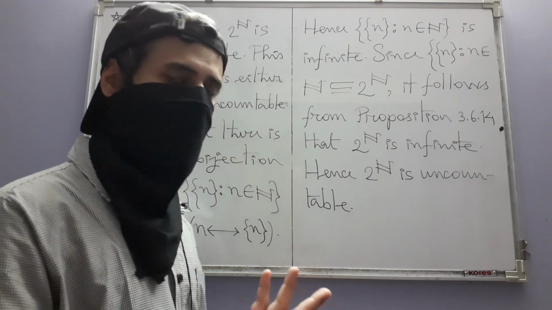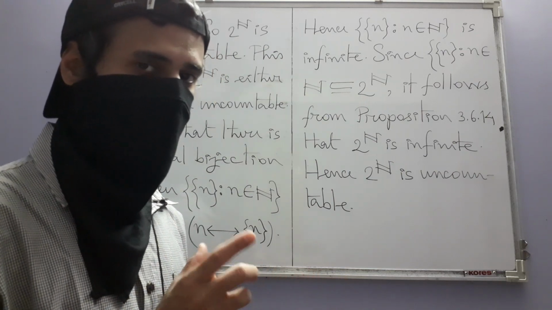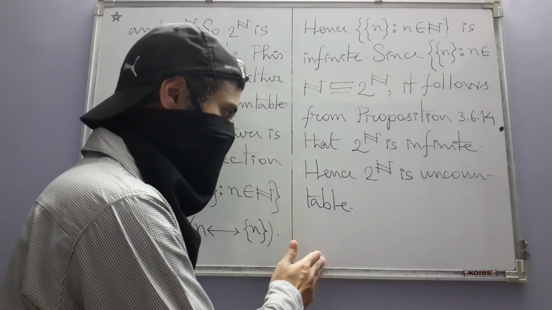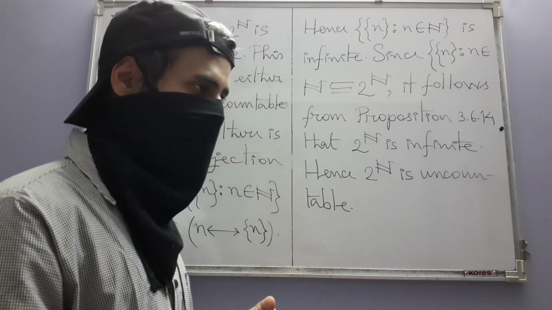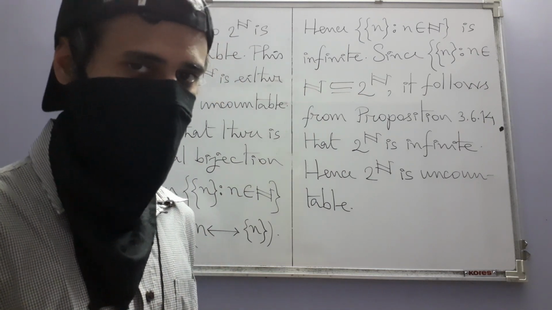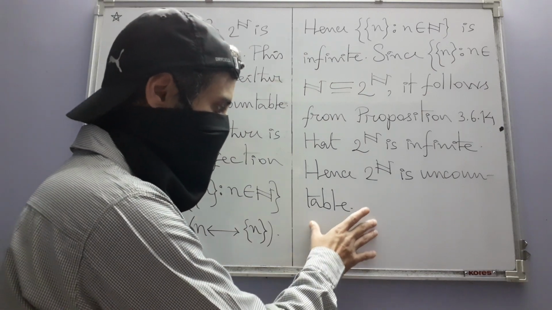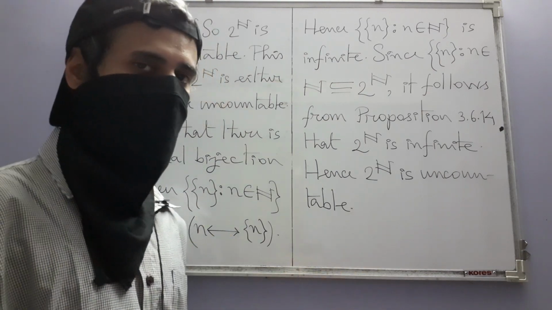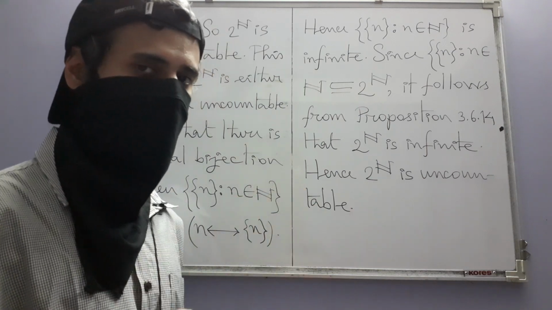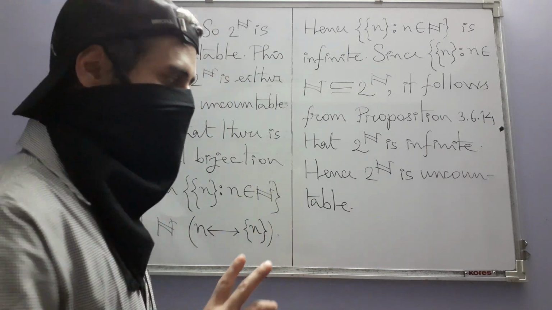You may of course be familiar with another proof of uncountability of the reals, which uses the fact that real numbers can be expressed using the decimal system. And then Cantor's diagonal argument, it's called, is used to quickly conclude that the real numbers are uncountable.